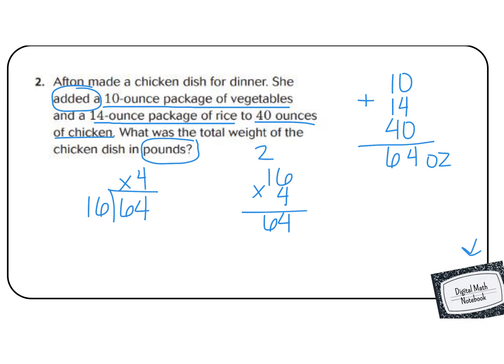Perfect. That means it goes in 4 times evenly, no remainder. So that means that her dish is 4 pounds. Our first step was to add, and our second step was to divide. Make sure you pause to type this in your digital math notebook before moving on.